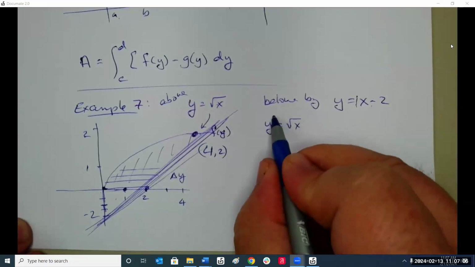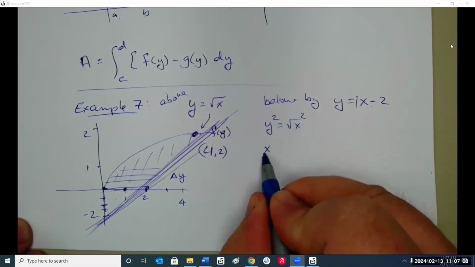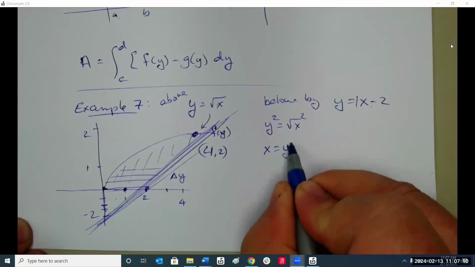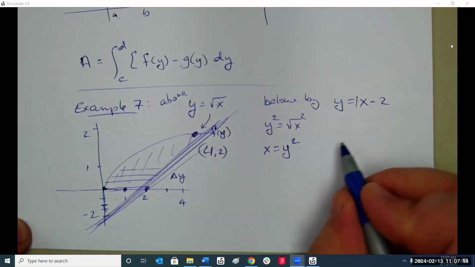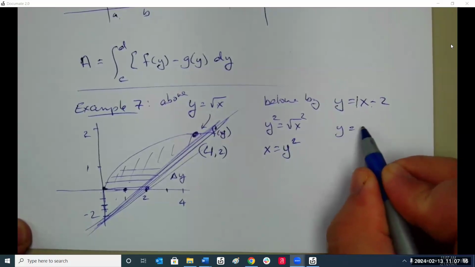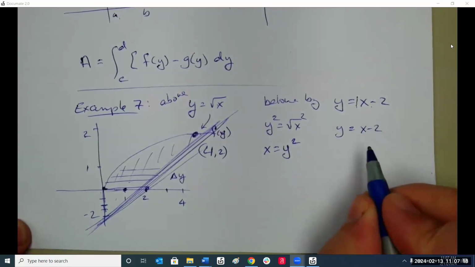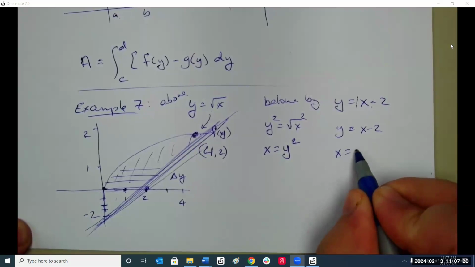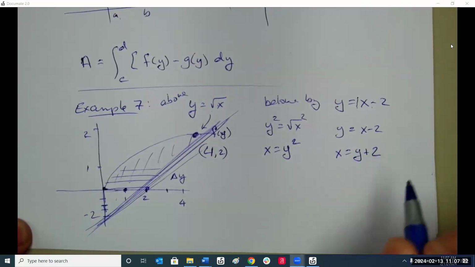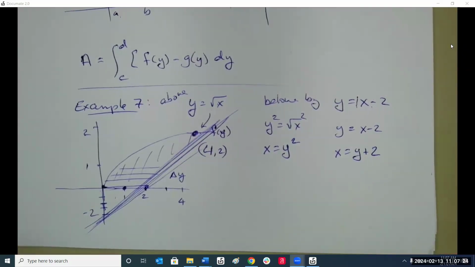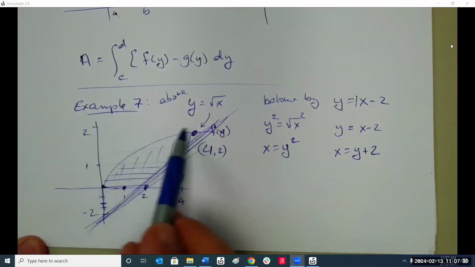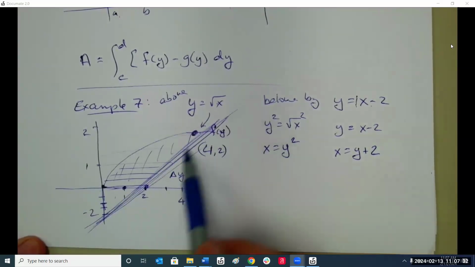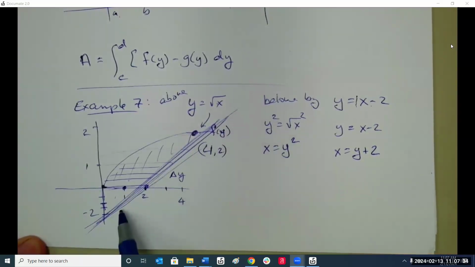We have to solve, so we have to square both sides. So x is equal to y squared. And the second one, y equals x minus 2. X equals y plus 2. Now, since we're going horizontally with respect to y, this is our outer equation.